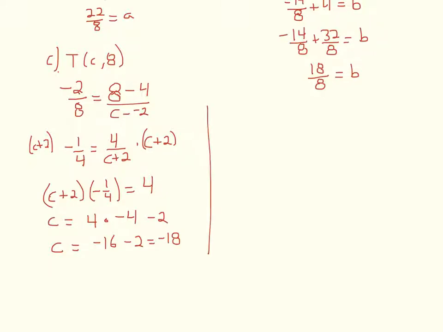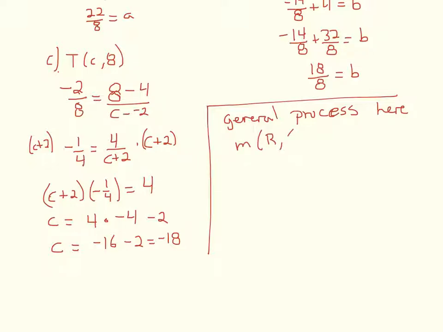So our general process here is that the slope of the line through the points R and S, which is negative 2/8 or negative 1/4, either way, needs to be equal to the slope of the line through R and T. And so this is basically our point tester.